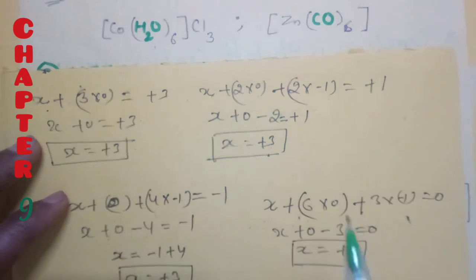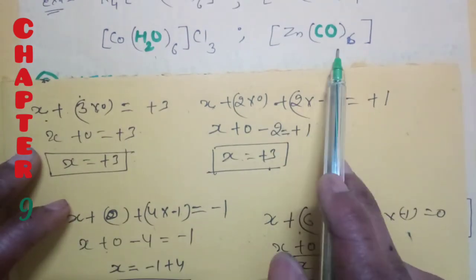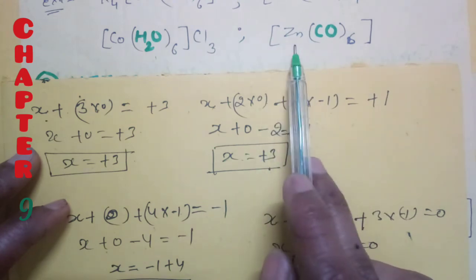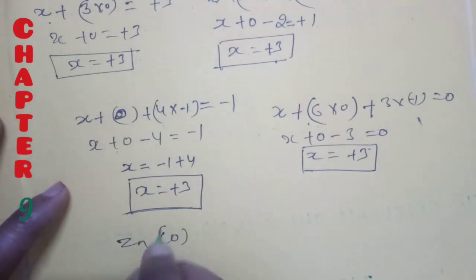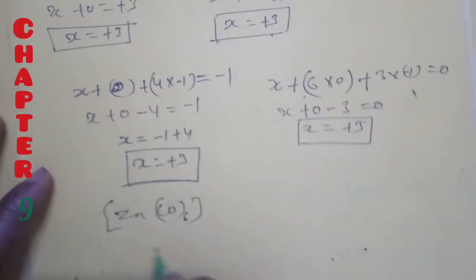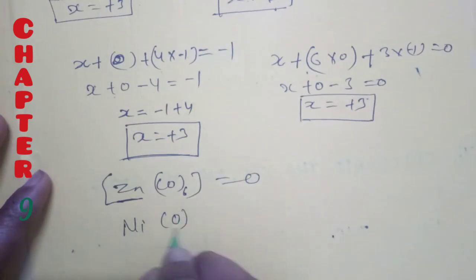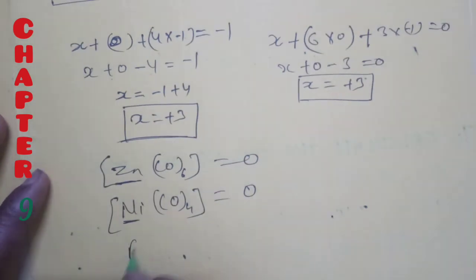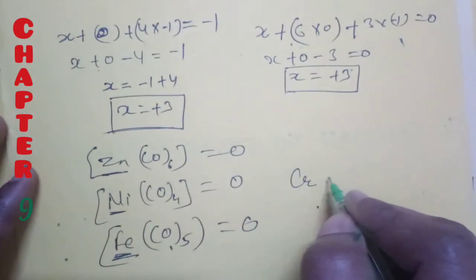Okay, a very important thing is that when only a carbonyl ligand is present in any entity, the oxidation number of the CMA will be 0. Okay, it means in [Zn(CO)6] the oxidation number of Zn is 0. In [Ni(CO)4] the oxidation number of Ni is 0. In [Fe(CO)5] the oxidation number of Fe is 0.